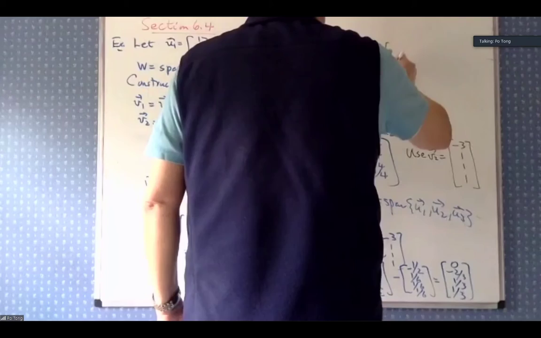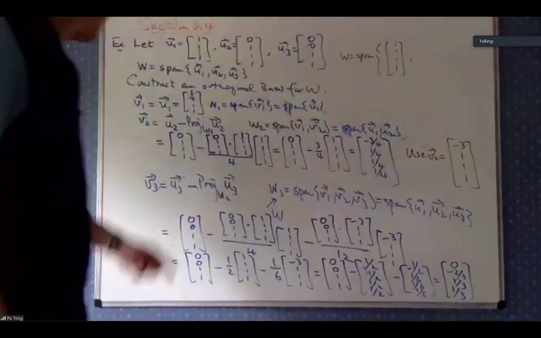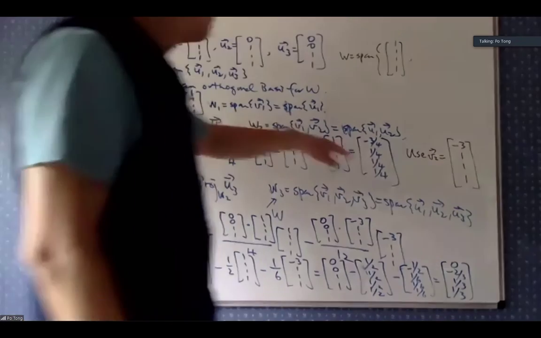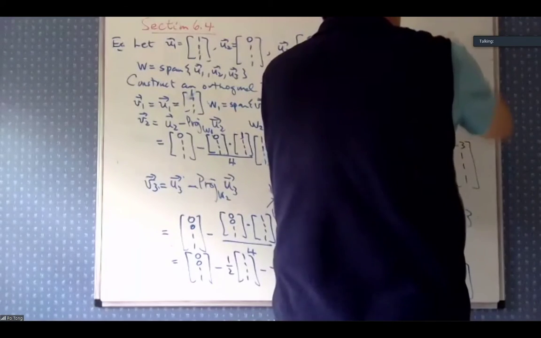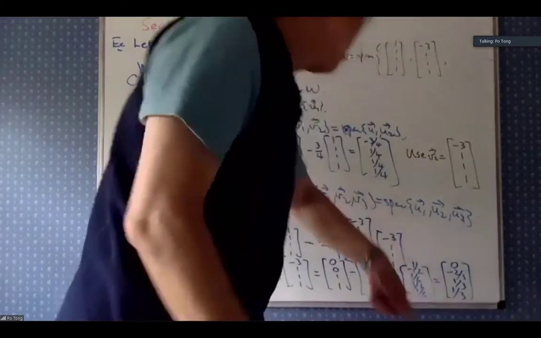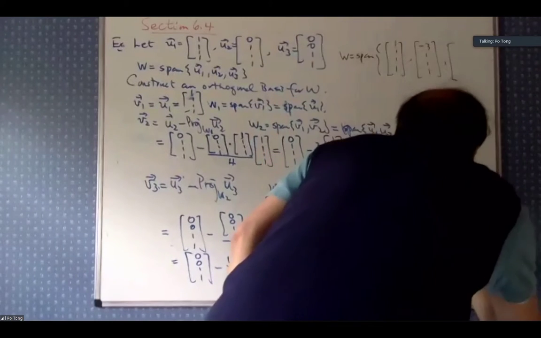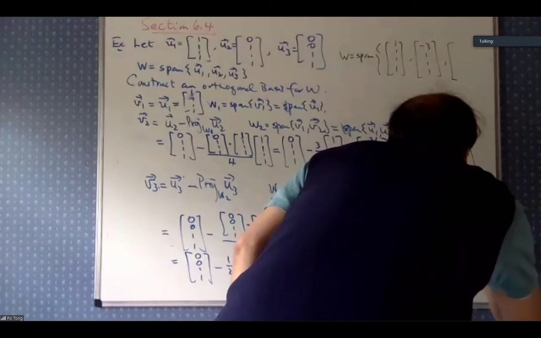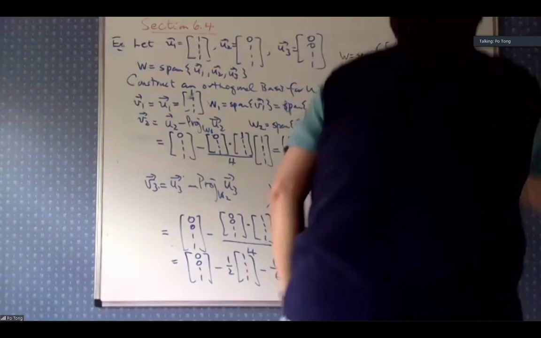These are now supposed to be orthogonal. That's my first one. That is my second one. My third one is this guy multiplied by 3. We'll use V3 equal to 0, minus 2, 1, 1. Okay.